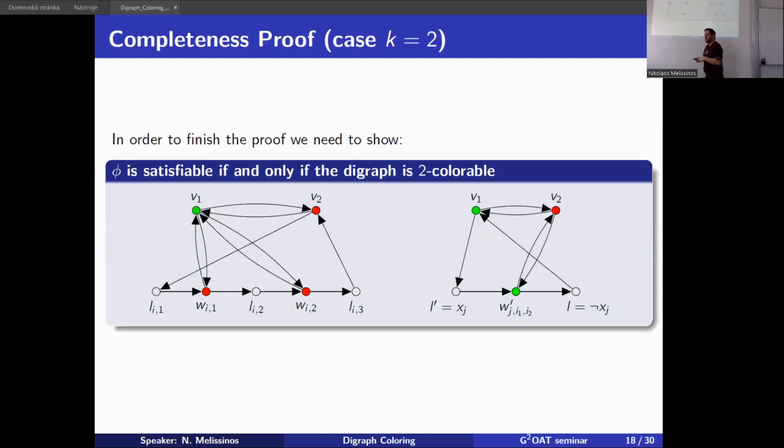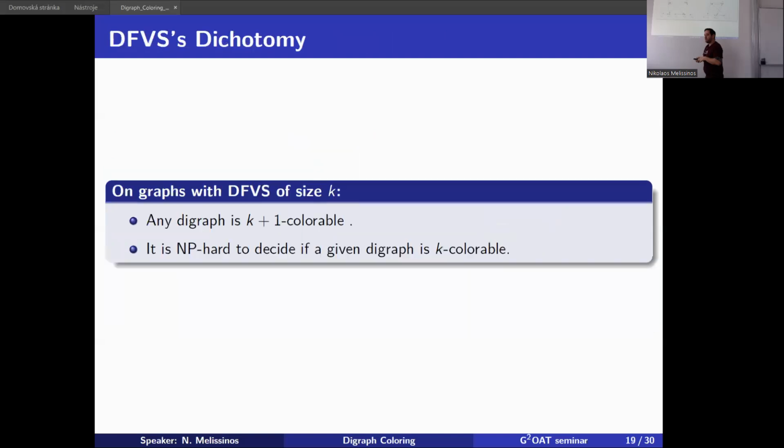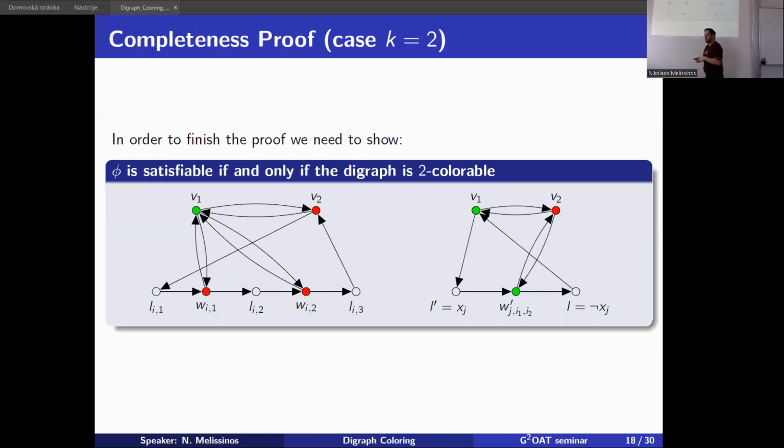So if there exists a satisfying assignment, then you can color those vertices with the corresponding colors, and you are okay. And if there exists a two coloring, then you can see that each clause has at least one true literal, and for each variable, you know that you don't have all the literals true.